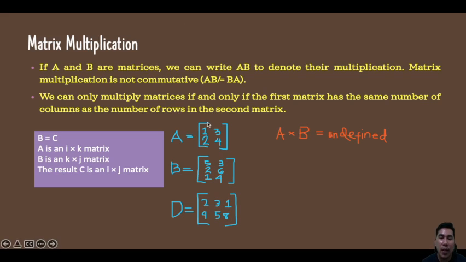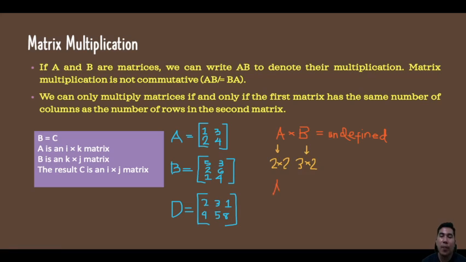A is 2 by 2 and B is 3 by 2, so we have 2 columns here and 3 rows there. Therefore, it's undefined, so we cannot multiply the two matrices.